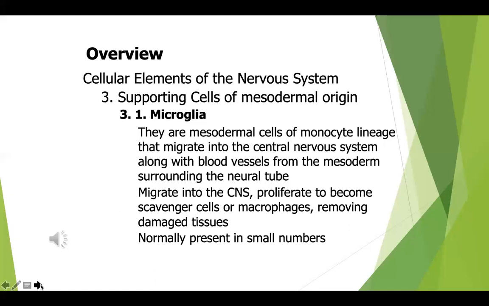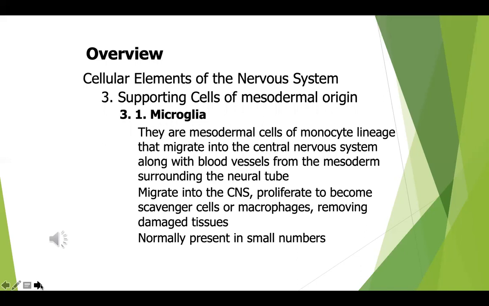Okay, so I usually tell my students microglia starts with the letter M, so it must come from the mesoderm, which also starts with the letter M. So they are of monocyte lineage that migrate into the central nervous system along the blood vessels from the mesoderm surrounding the neural tube. So they're actually blood cells, no, migrating into the CNS.